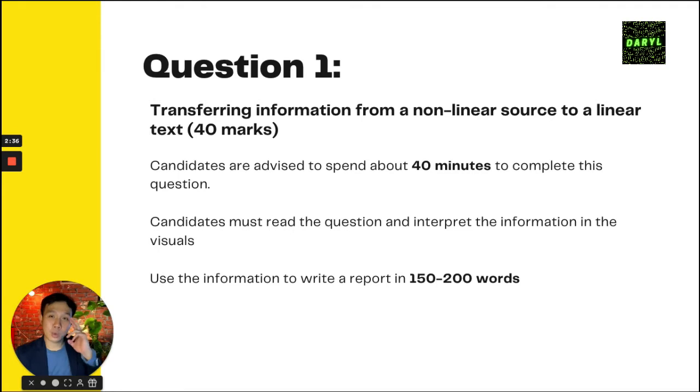Candidates must read the question first and interpret the information in the visual. That means a bar graph, line chart, table, schedule, whatever they give to you, you have to interpret it. That means translate what you see. Then use the information and write a report of 150 to 200 words.